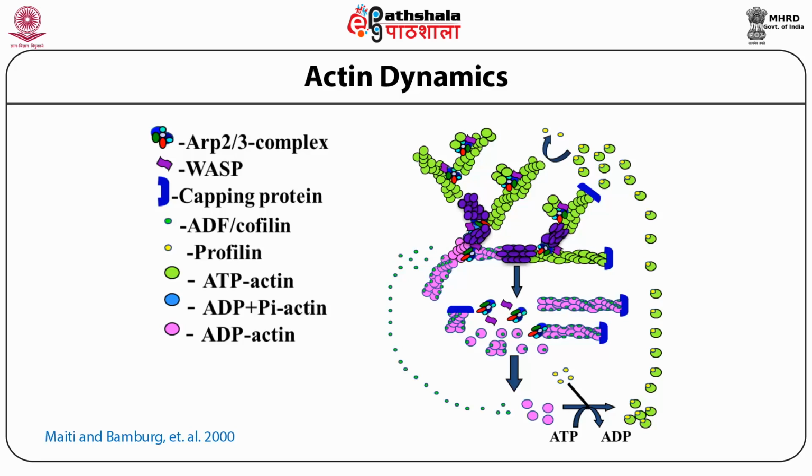Then you have several ADF proteins, called actin depolymerizing factor proteins, which help the actin to depolymerize and exchange the nucleotide. Then we have profilin, which takes the actin to the barbed end and associates to the F-actin and helps it to grow. So there are several proteins which help in this actin dynamics and treadmilling.